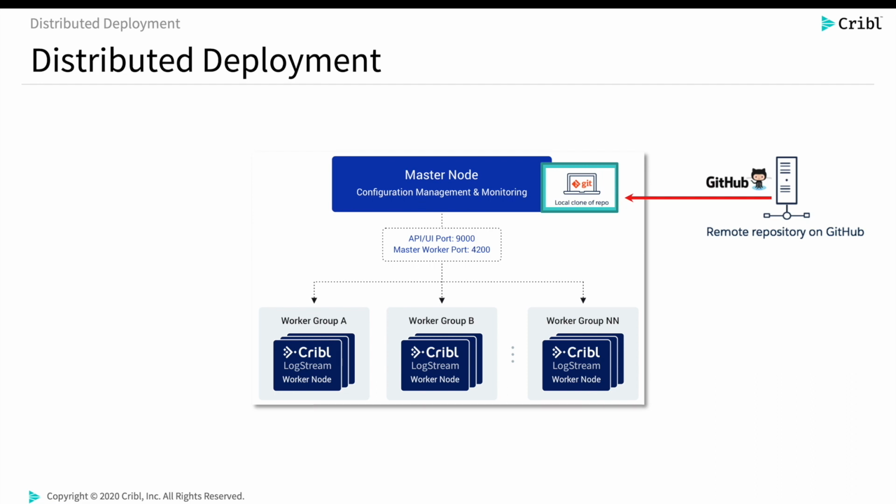And at the end, we saw the ability to recover and reinitiate a whole new master node based on the information that came from the remote repository. And as we said, in our case, it was on GitHub, but you can definitely use your own remote repository.